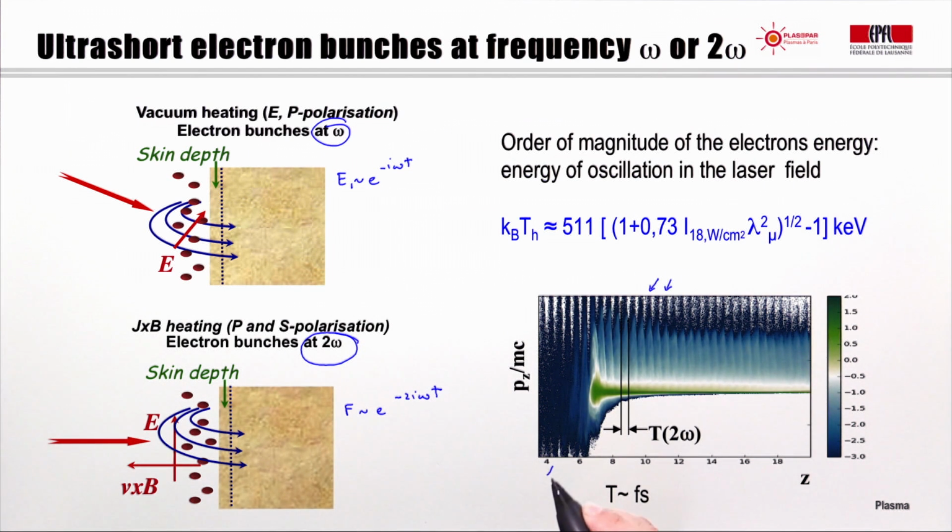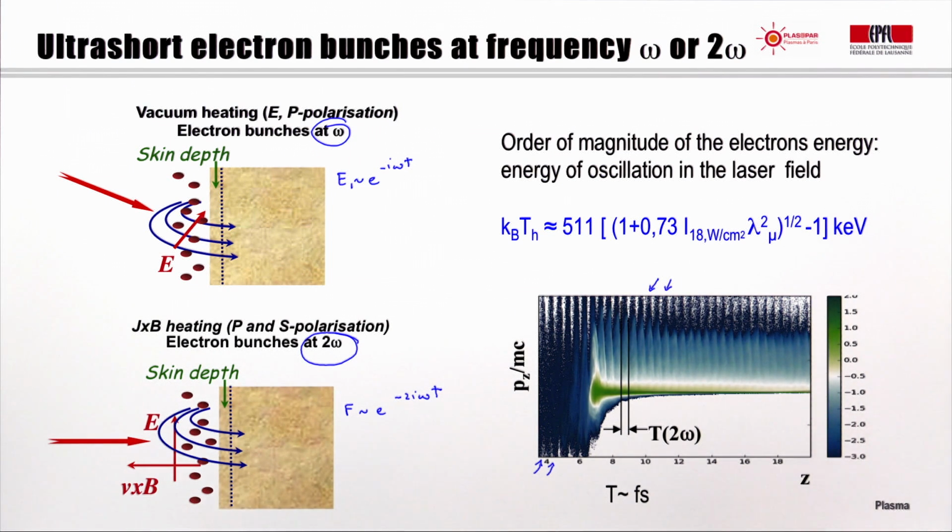Bunches of electrons are also ejected towards vacuum, and the particles that are ejected towards vacuum can be used for various applications. Typical duration of an electron bunch produced in this way will be of the order of a femtosecond with today's laser.